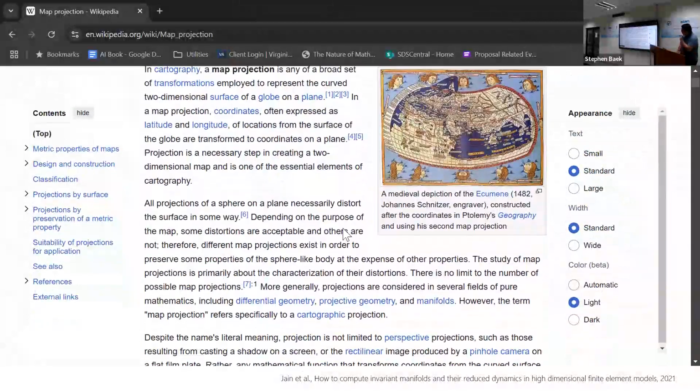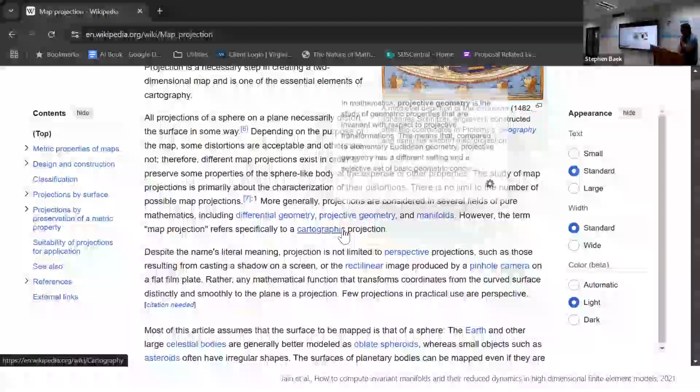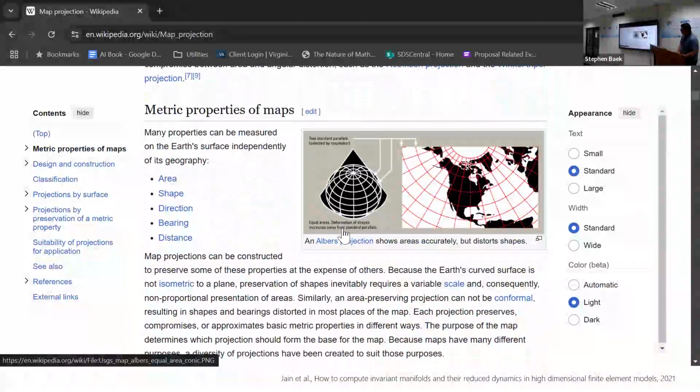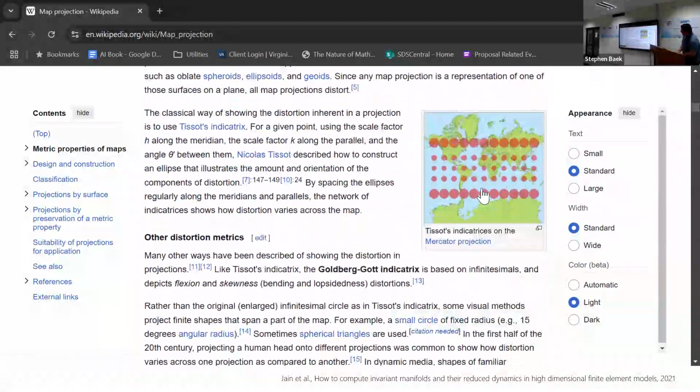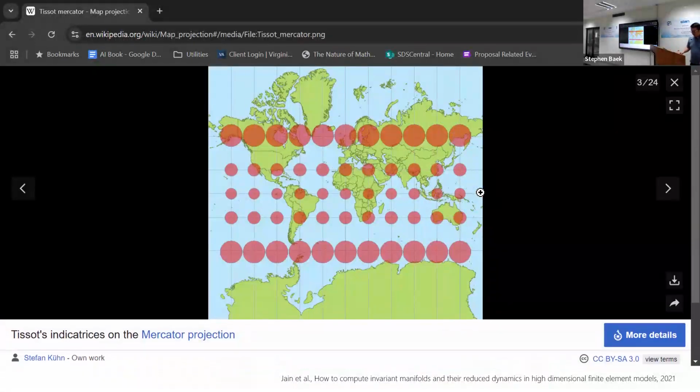So historically, people have been making a lot of different projections, a lot of different maps. So here's one way of creating a map. Yeah, this notorious Mercator projection here. So this is the usual map that we have.